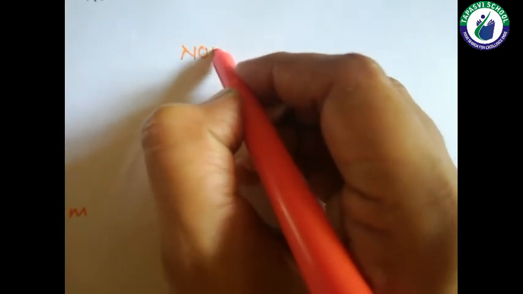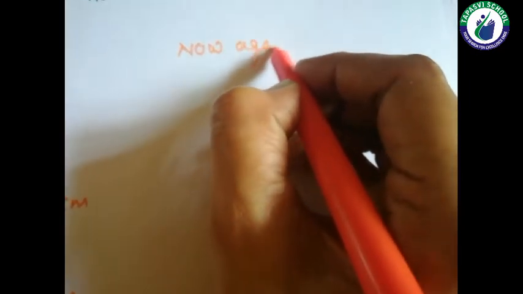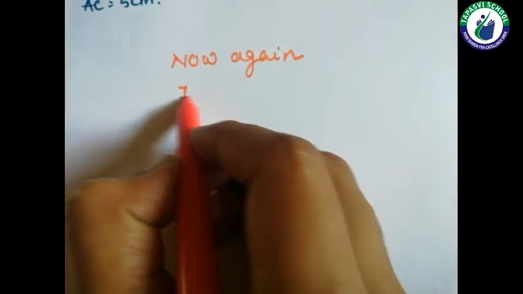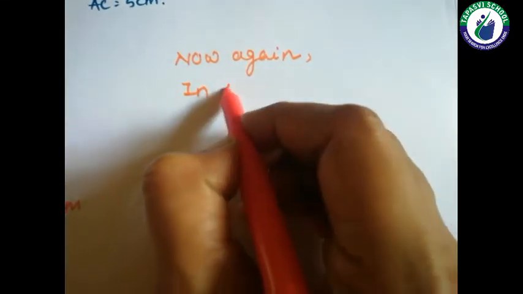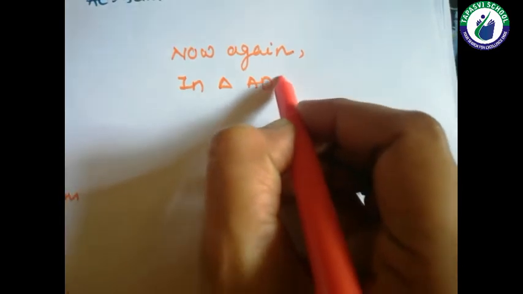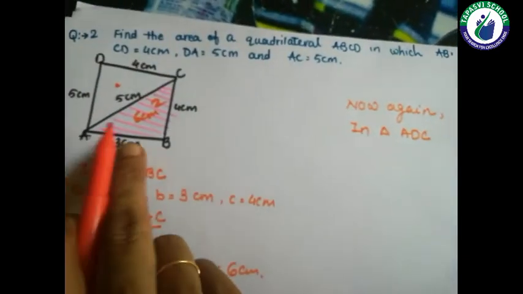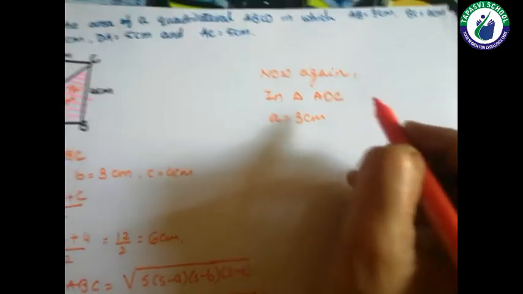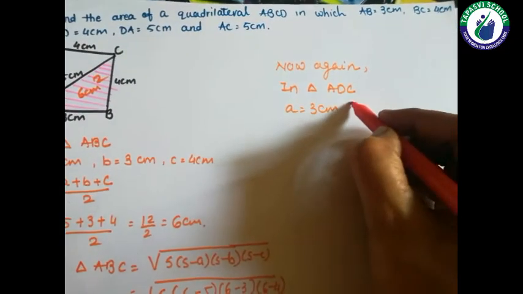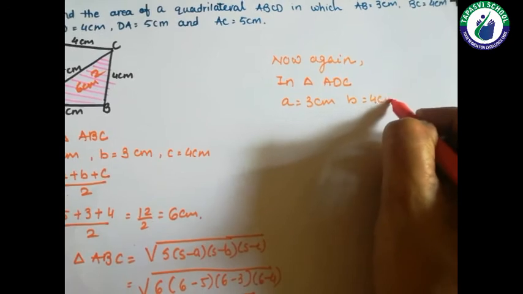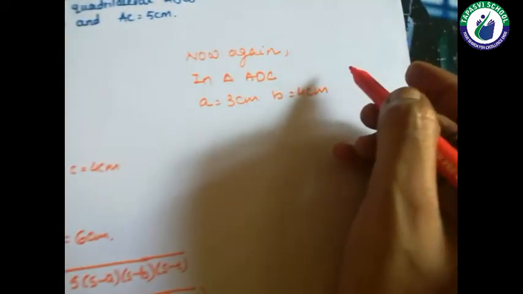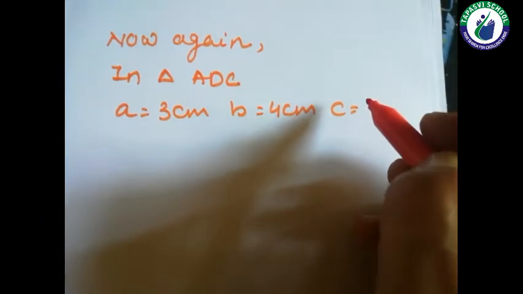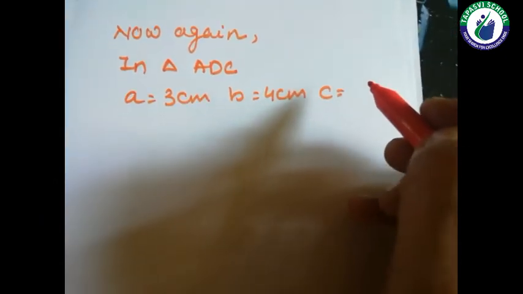Now again in triangle ADC, A is equal to 3 centimeter, B is equal to 4 centimeter, and C is equal to 5 centimeter.